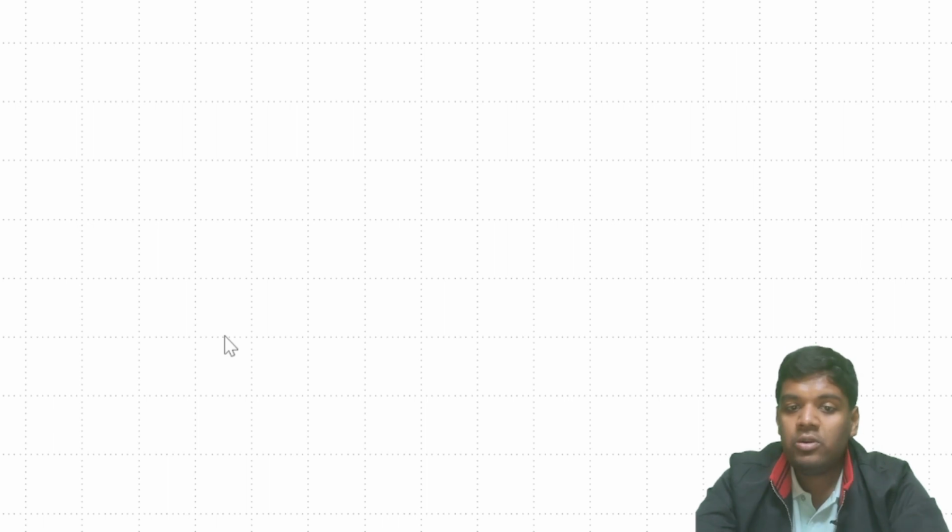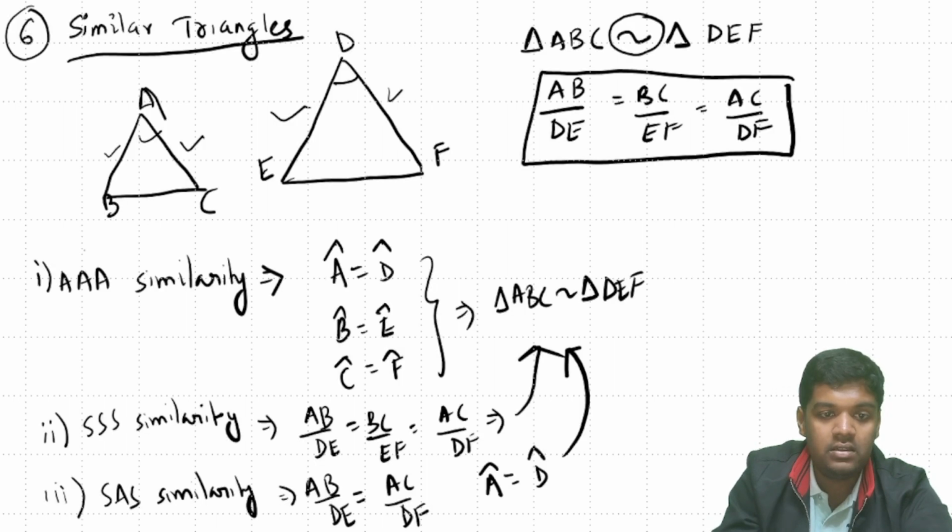So there are some more properties after you determine that two triangles are similar. So I'll write here, properties of similar triangle.